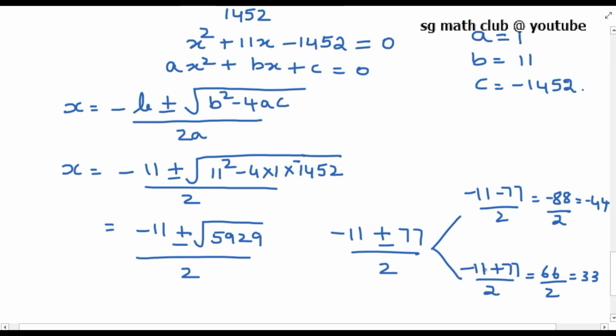So we can say that we have taken the speed of the passenger train as x, that is equal to 33 km per hour, and the speed of the express train is x plus 11. The speed is more, so it is 44 km per hour.